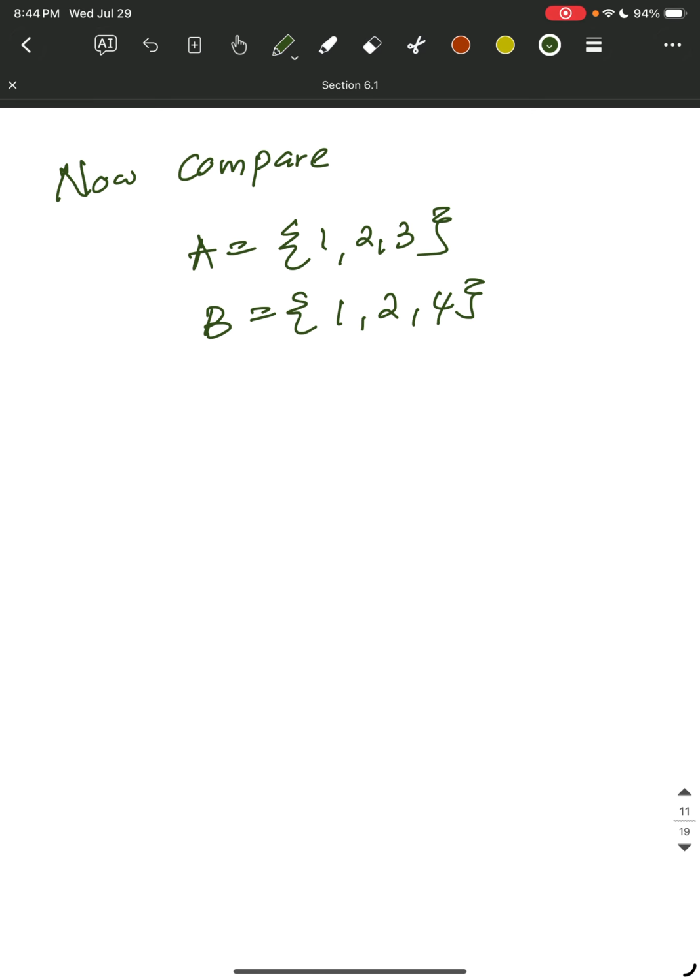These are not equal because set A contains 1, set B 1, set A 2, set B 2, but number 3, number 4. The elements are not equal. These two sets A and B are not equal.